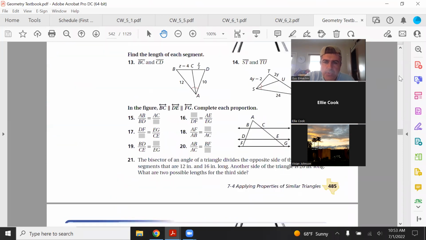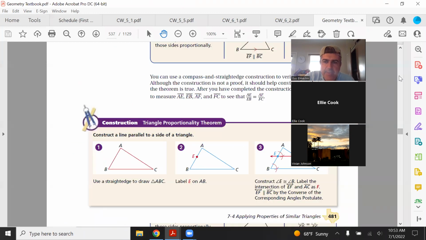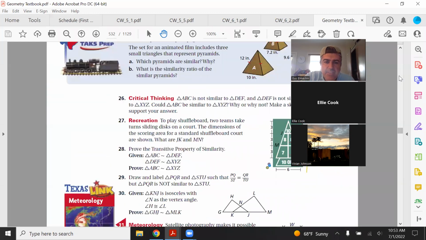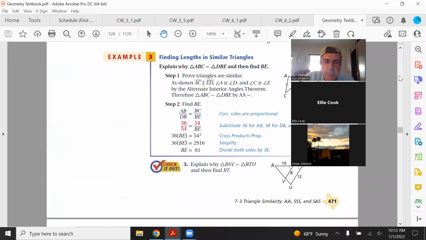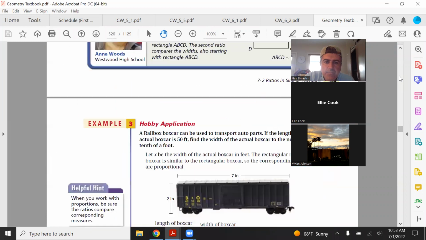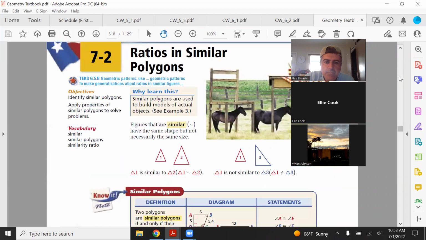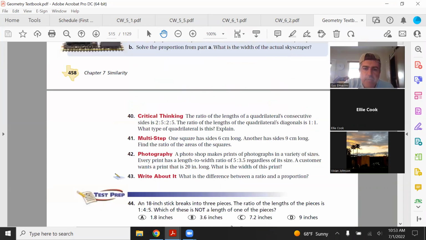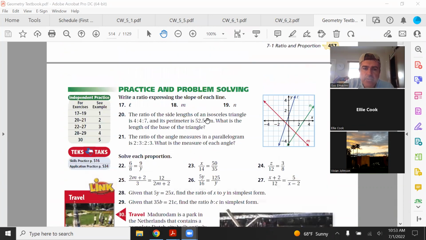So we're going to talk about proportions. I know that, but I just need to find the right page. Okay, here we go. So it's off by a chapter.